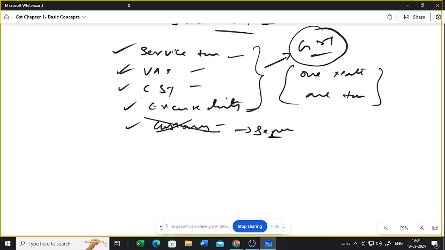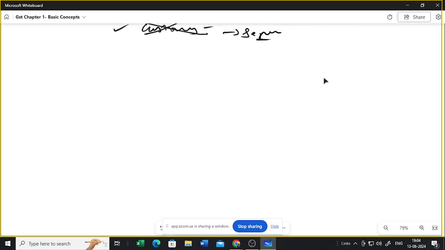Okay, let me tell you a small example. Suppose you go to a restaurant and the bill is 1000 rupees. This is before GST. On this bill, the first thing you need to pay is service tax.